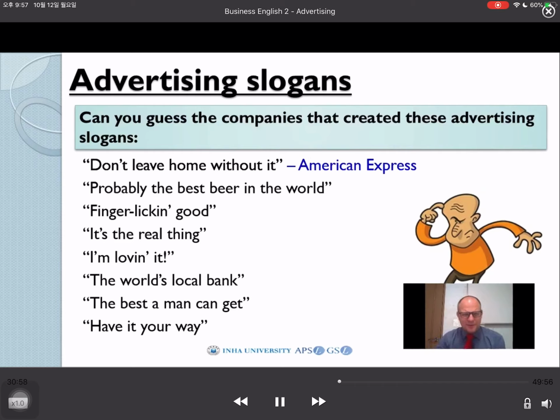Super famous: Finger Lickin' Good, It's the Real Thing, I'm Loving It, the world's local bank, the best a man can get, have it your way. Look at those slogans and see if you can guess which companies created them. And then think about your others. Can you think of any more slogans that are famous and which companies produced them?